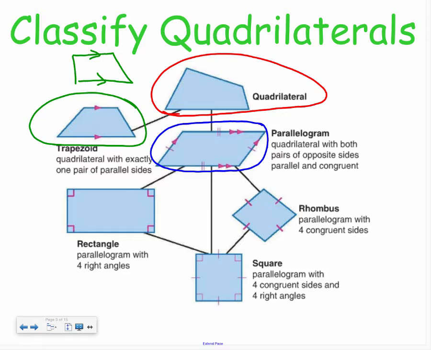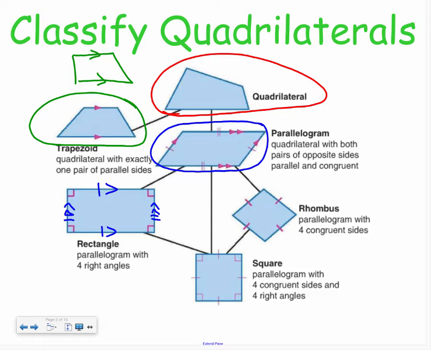Within the parallelogram category, we have a few additional breakdowns. The rectangle falls under the parallelogram, so we have parallel sides, and we have the congruent sides, so it fits the parallelogram description, and it also has 4 right angles, so its 4 angles are congruent.